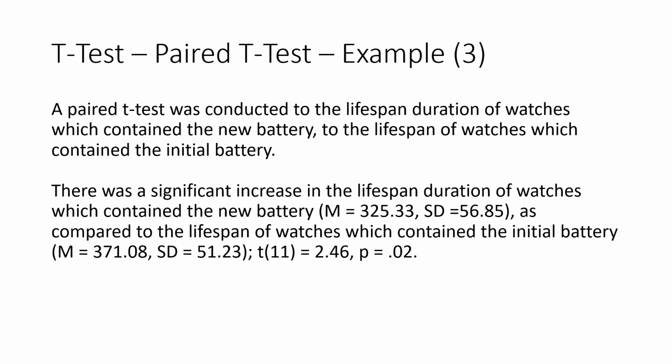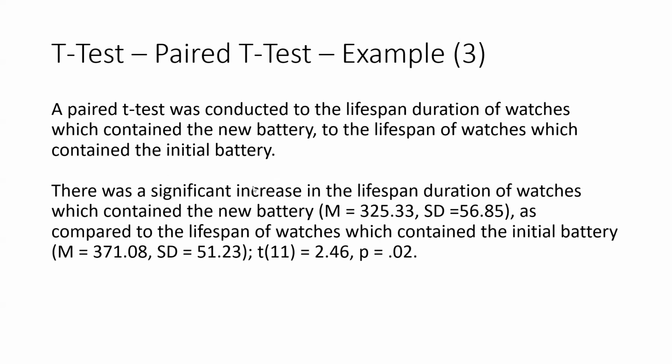So here is our APA results. A paired t-test was conducted to test the lifespan duration of watches which contained the new battery to the lifespan of watches which contained the initial battery. There was a significant increase because we are rejecting the null hypothesis because 0.02 is less than 0.05.